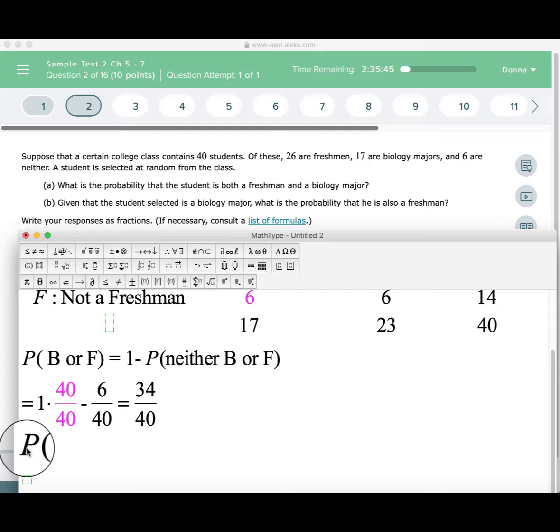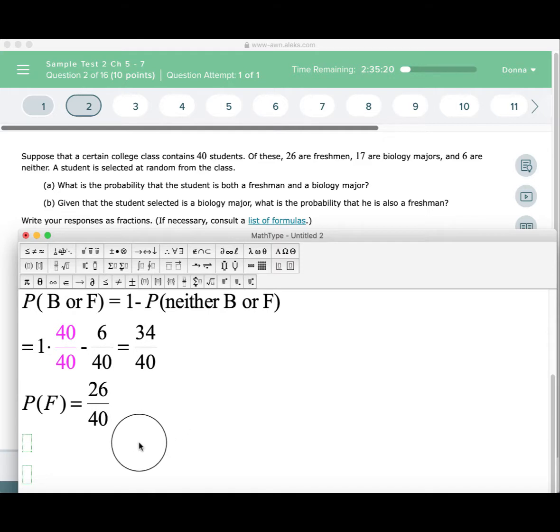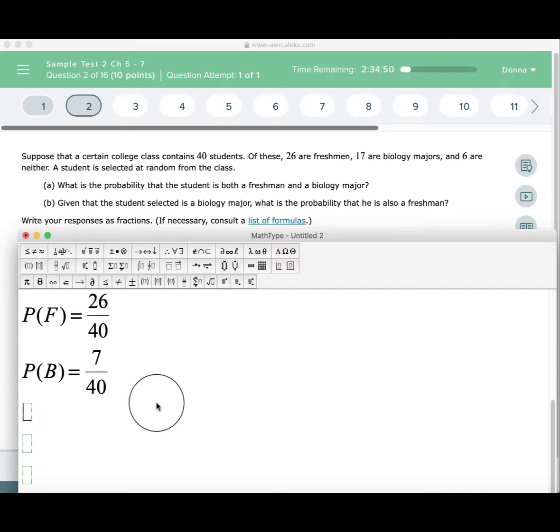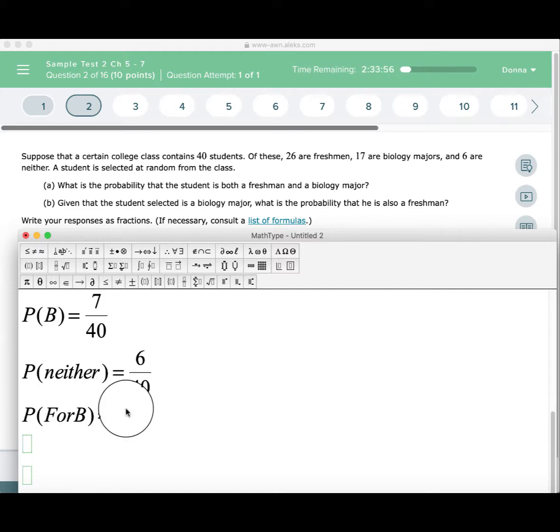So the probability of being a freshman is 26 out of 40, the probability of being a bio major is 17 out of 40. And the probability of being neither a freshman or a bio major is equal to 6 out of 40.